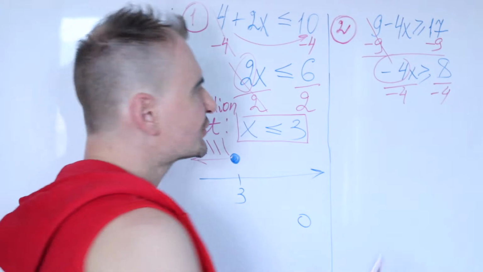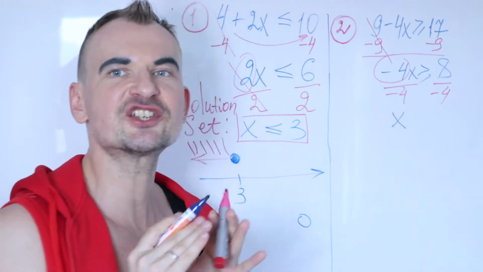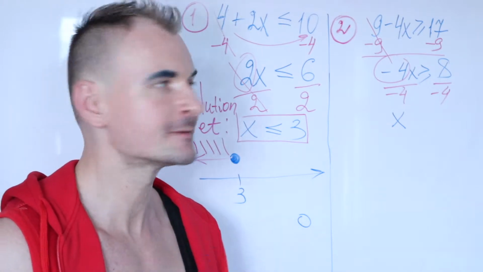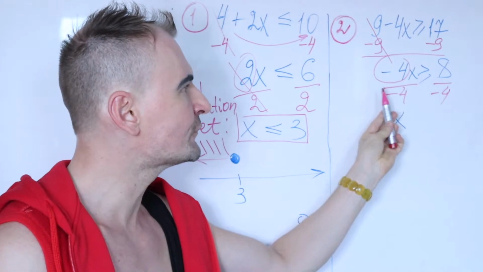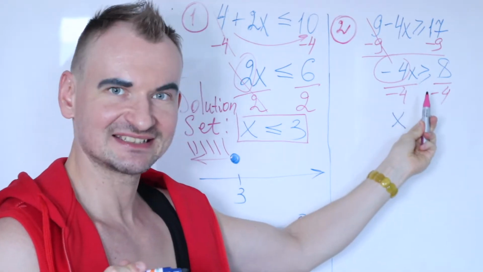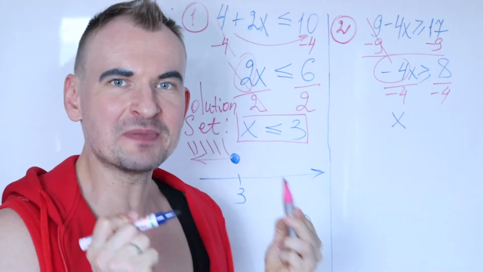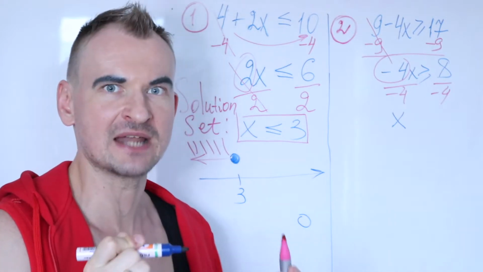And it comes out to be in the next line, x. Now attention, caution, warning. Since you divide both sides of your inequality by a negative number, the sign in the middle has to be flipped. It has to be switched to the opposite one.